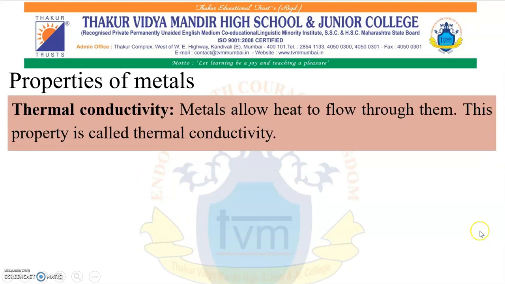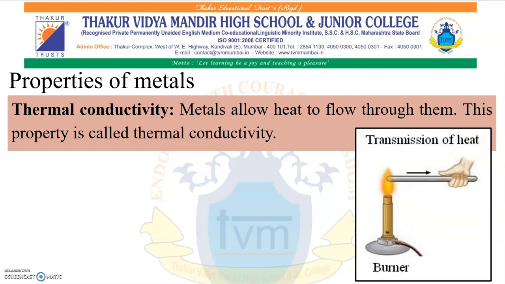Next is thermal conductivity. Metals allow heat to flow through them. This property is called thermal conductivity. Now, as shown in the picture, when a metallic rod is heated from one end with the help of this burner, gradually the whole of it will become hot and you can feel that hotness.